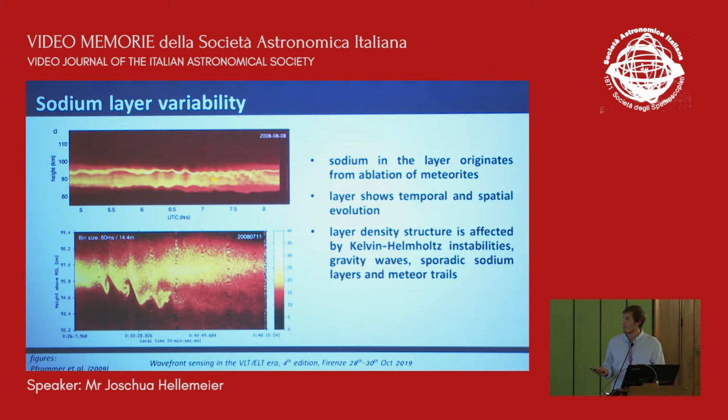Here we can see examples of the sodium layer evolution. This is data taken at the LZT in Canada, showing the evolution over about 4 or 5 hours. Here you can see gravity waves with a period of a few minutes, about 4 minutes.